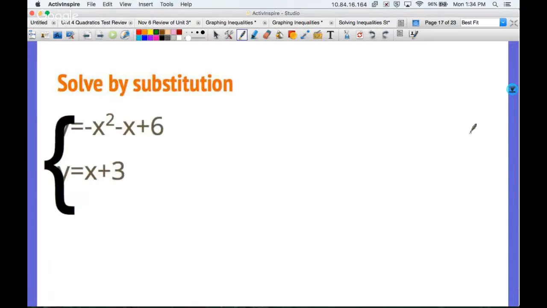All right, solve by substitution. We've got y equals -x squared minus x plus 6, and y equals x plus 3. Plug that in right there.